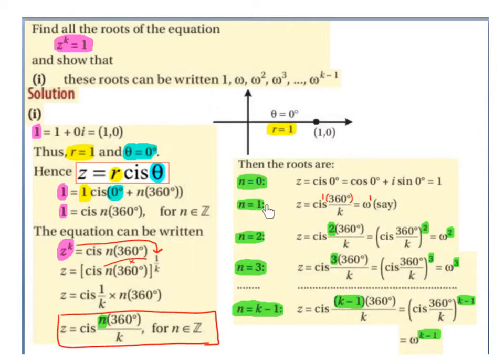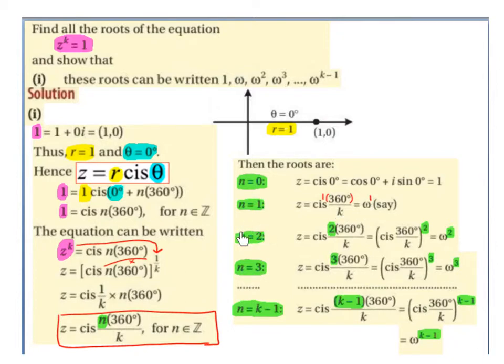Next, if n is equal to 1, 1 times 360 degrees is just 360 degrees. So we get z equals cis (360 degrees over k), which is equal to w to the power of 1. So we are just stating that cis (360 degrees over k) is equal to w.